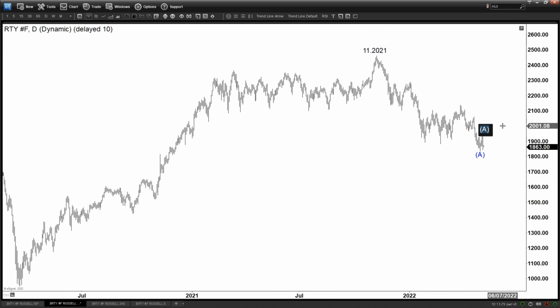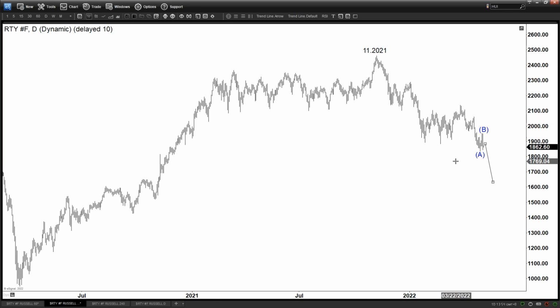So what that means then is we're going to be starting the C leg. Now, remember, if this is labeled as an A and a B, then this is not some kind of impulsive move from November 2021, right? And let's check out the structure here.